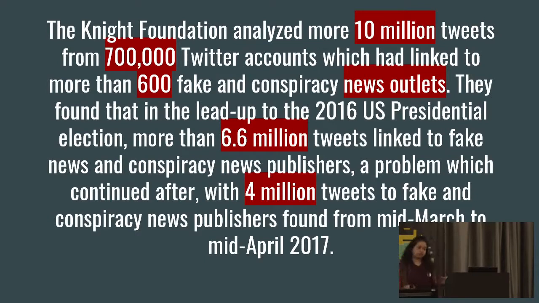As a lot of us are aware, the US elections were marred by fake news. So there were some reports and some investigation that went on, and this is what they found out. You'd think this would be enough for some social media organizations to be proactive about all of the fake news that is being spread through their channels.